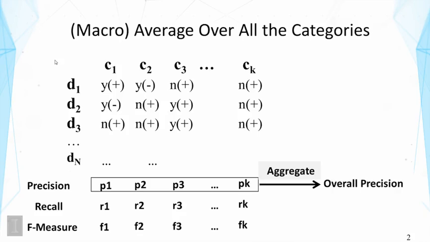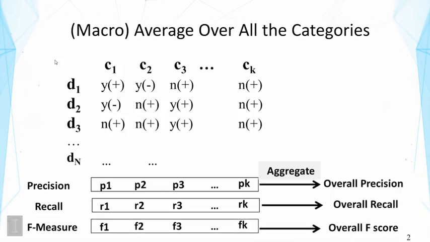The difference between arithmetic mean and geometric mean is that the arithmetic mean would be dominated by high values, whereas geometric mean would be more affected by low values. And whether you want to emphasize low values or high values would be a question related to your application. And similarly, we can do that for recall and F-score. So that's how we can then generate the overall precision, recall, and F-score.